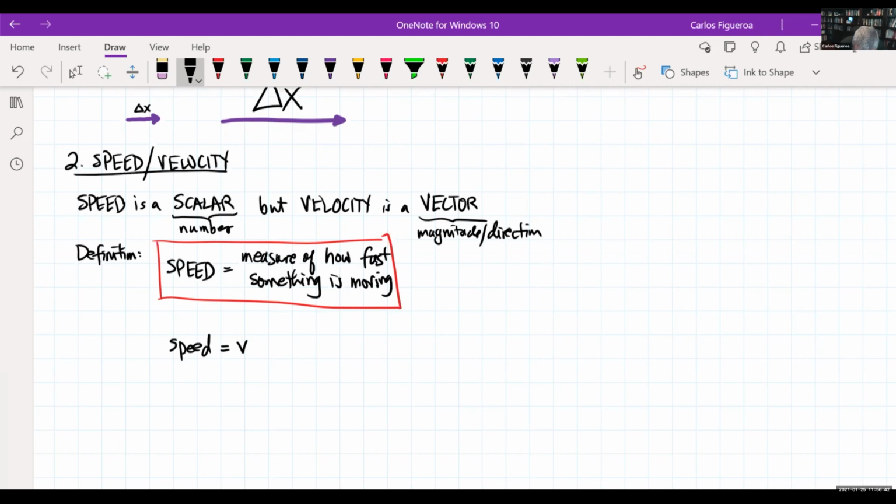This is really distance divided by time. The way we write this is the distance, remember, is the displacement. I have a change in distance, and I have some time interval. So when we write speed, we write it this way.